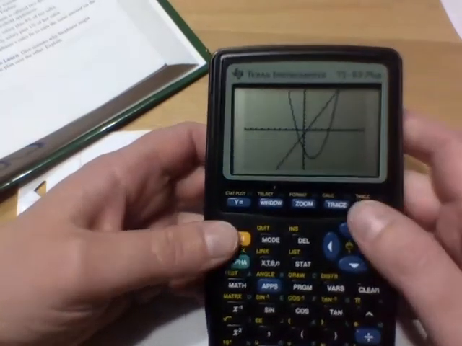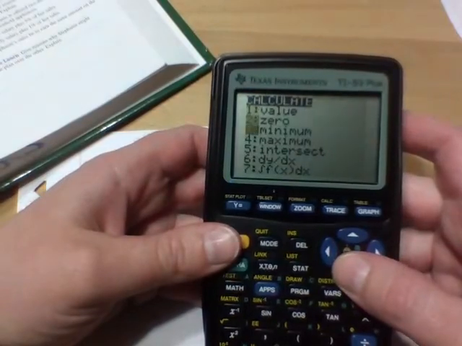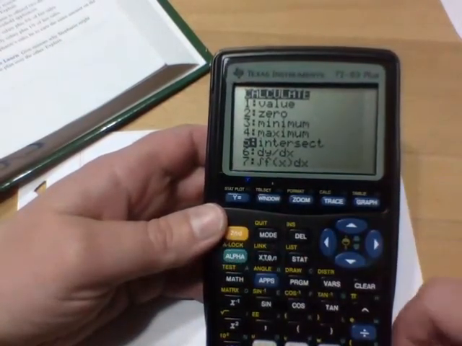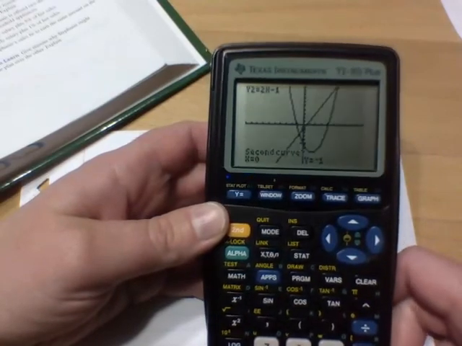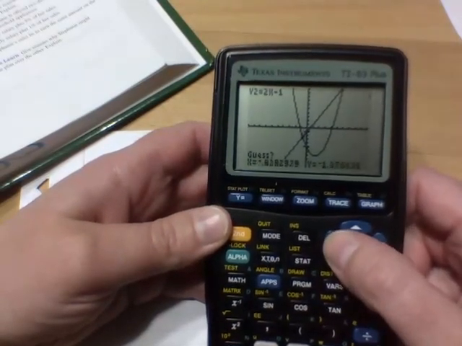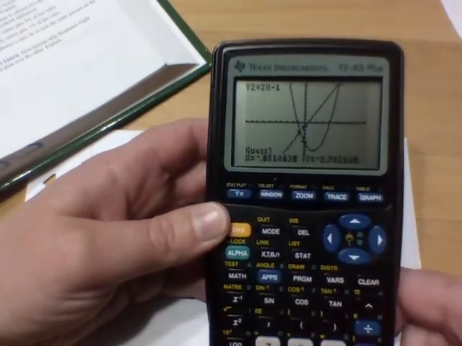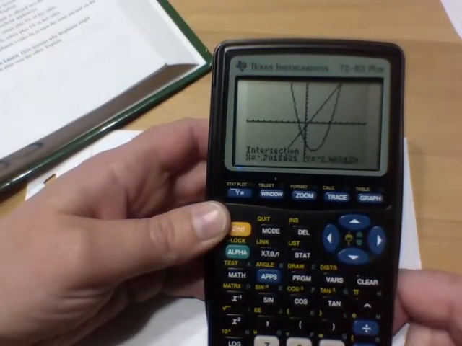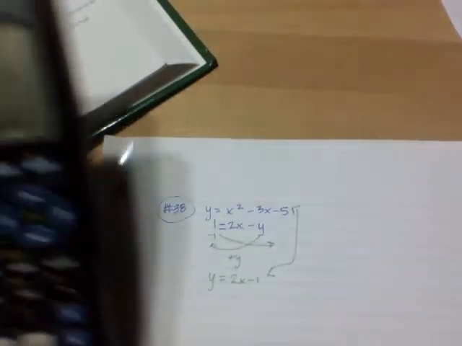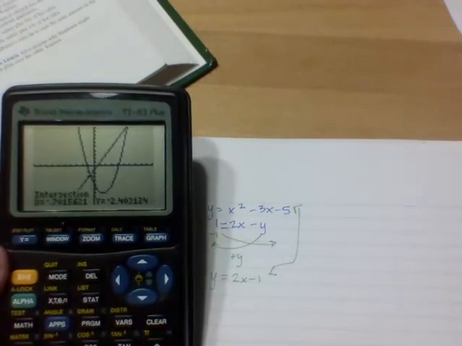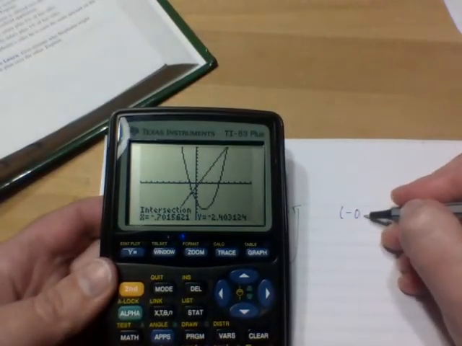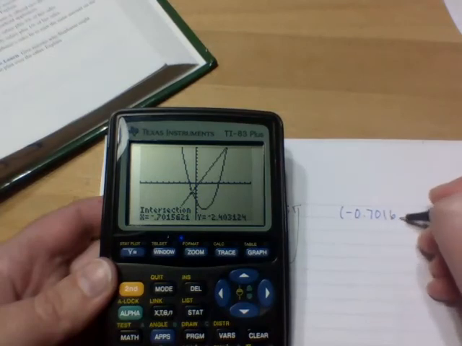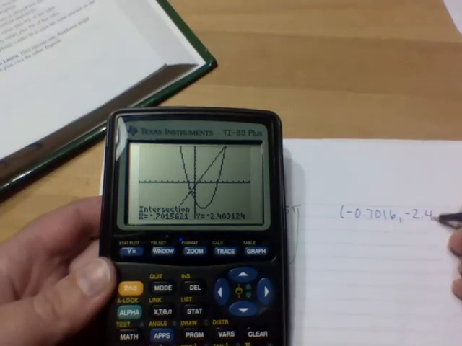And so we're going to calculate that again, second trace, go down to intersect, and it's asking the first curve, the second curve, and we want this point. So we'll press enter for that. And it does a little thinking and then tells you that your intersection point is negative 0.7016 and negative 2.4031.